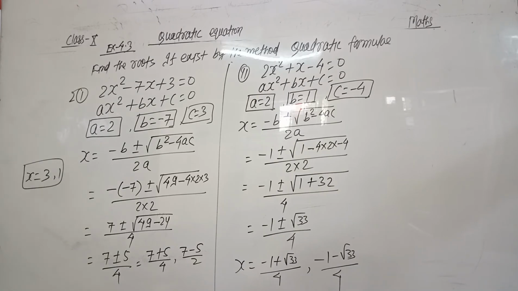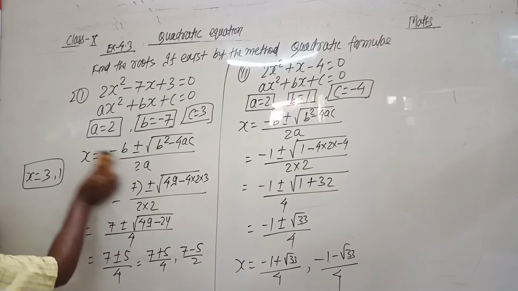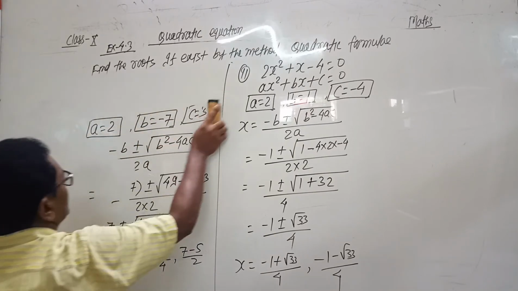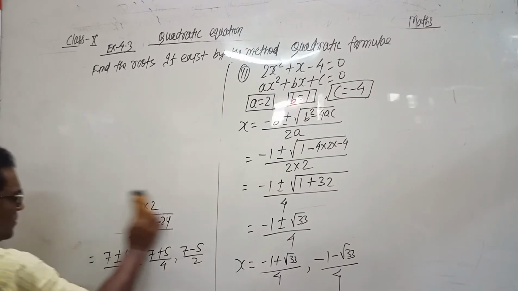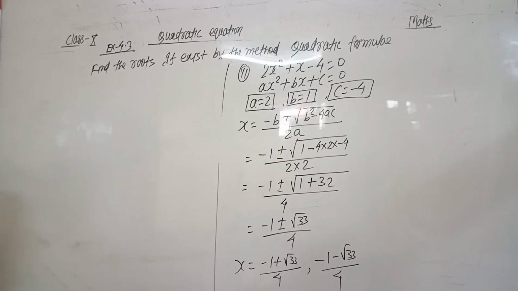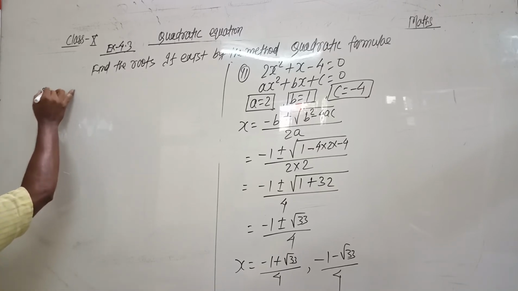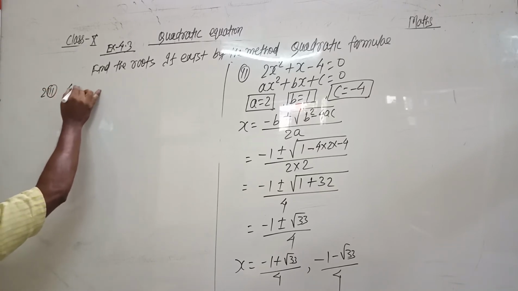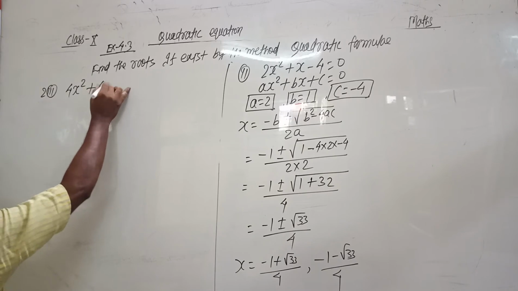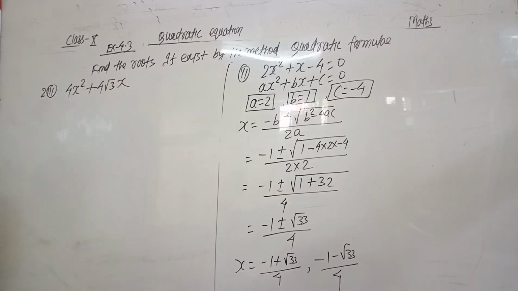Now for the third part of question number second. This is 4x square plus 4 root 3x plus 3 equals to 0.